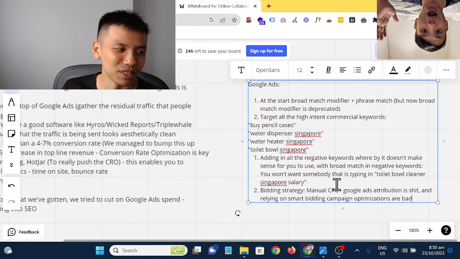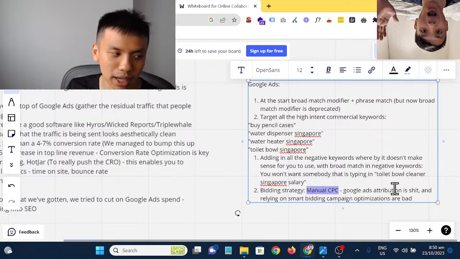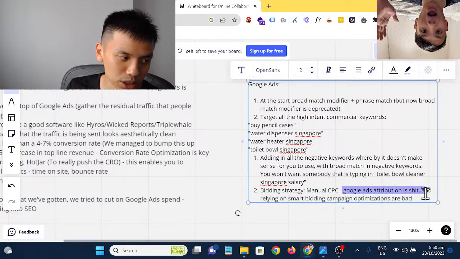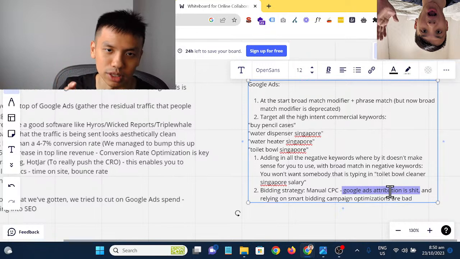So I found that manual CPC works the best because the attribution by Google Ads default is wrong. And you can say they use enhanced conversions tracking and all that kind of things. It doesn't work. It's bad.